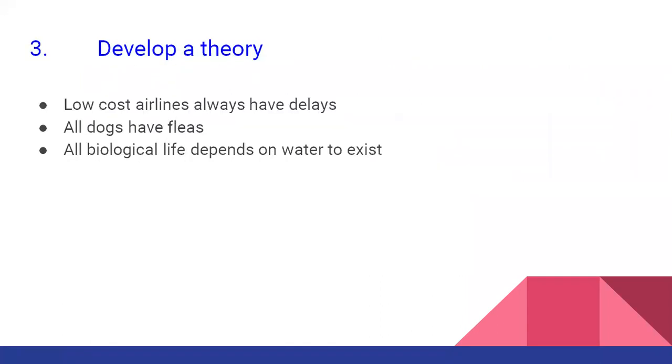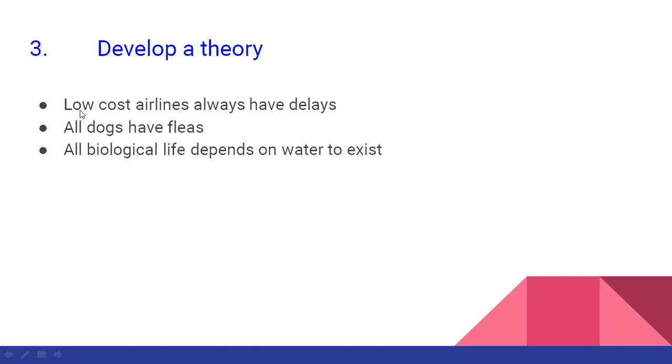Then the third stage. Based on that pattern, you go for developing a theory. So the third stage is to develop a theory. Low-cost airlines always have delays.